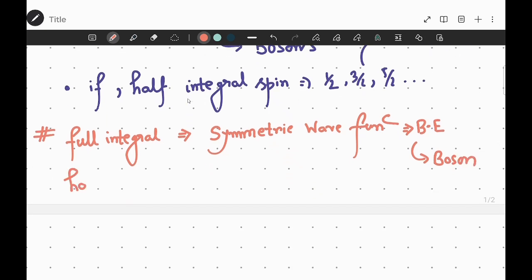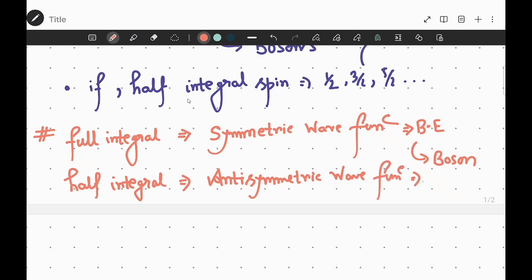Similarly, if the spin is half integral, then the wave function becomes antisymmetric, they follow FD stat, and they are called fermions.